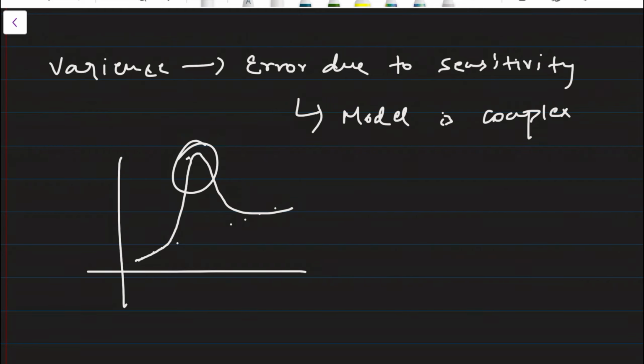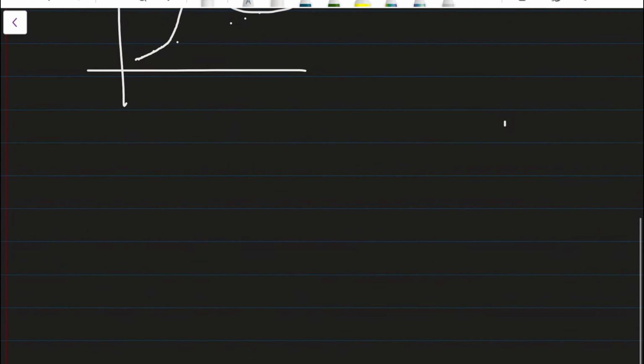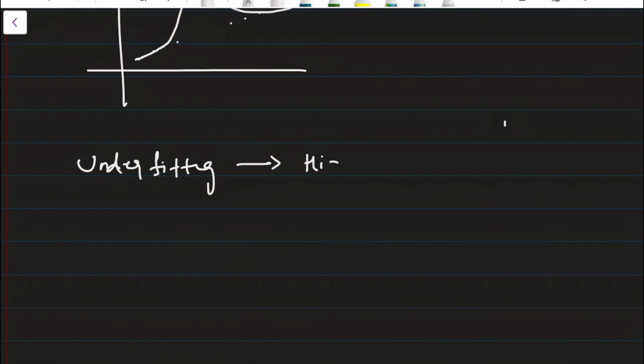Okay, so how are bias and variance related to underfitting and overfitting? In underfitting there is high bias and low variance.